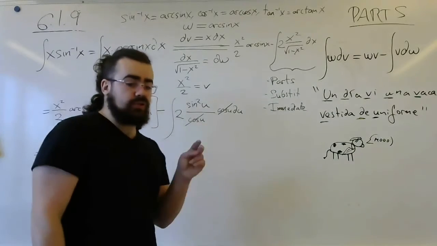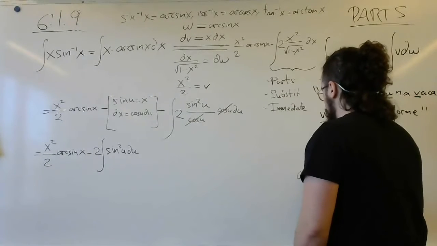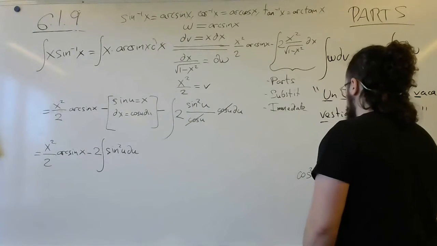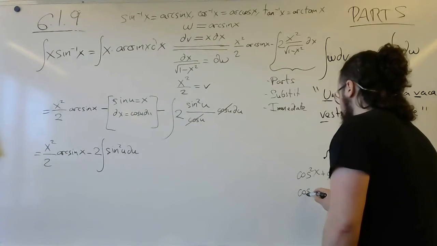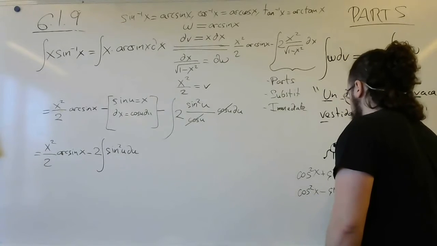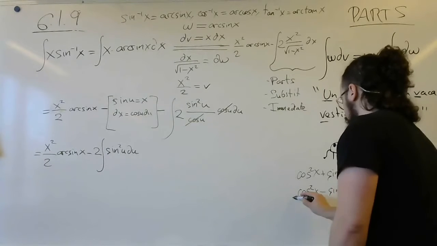Now, I only know 2 trigonometric identities, but they are very useful. One is cosine squared of x plus sine squared of x equal 1. The other one is cosine squared of x minus sine squared of x equal cosine of the double angle.